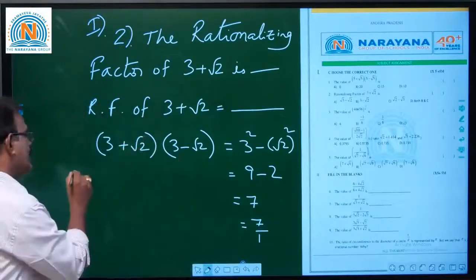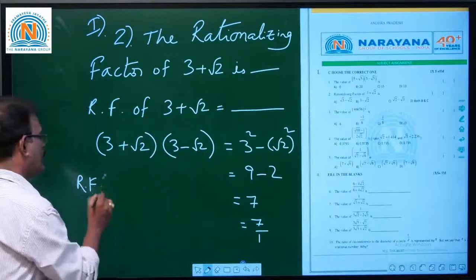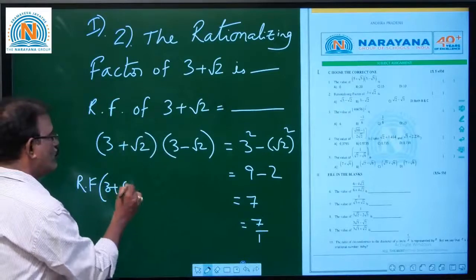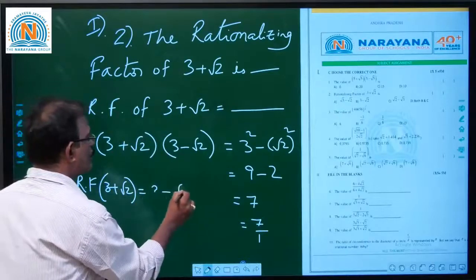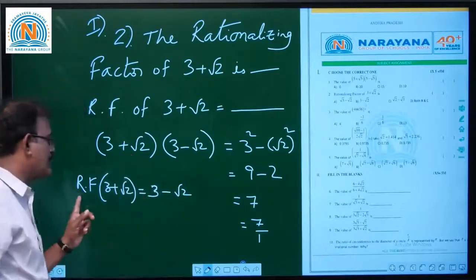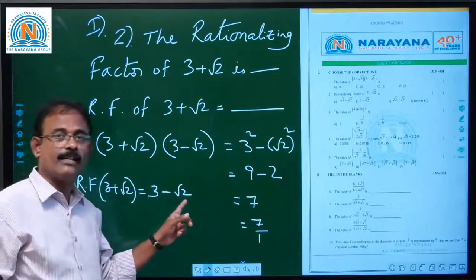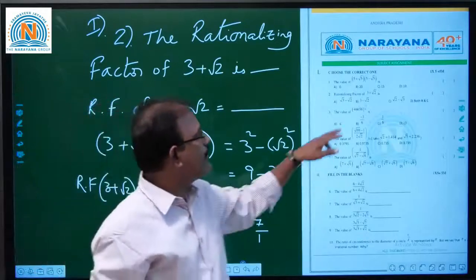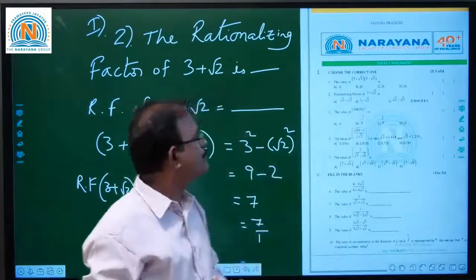In this case, the rationalizing factor of 3 plus root 2 is 3 minus root 2. Of course, it is given in the second option.